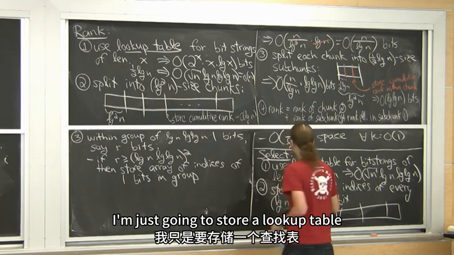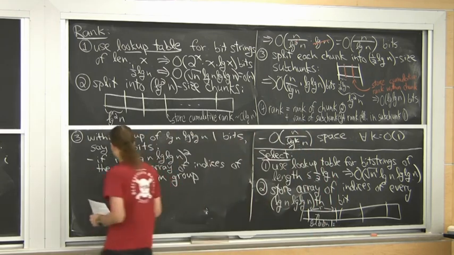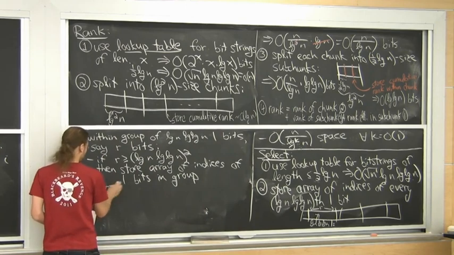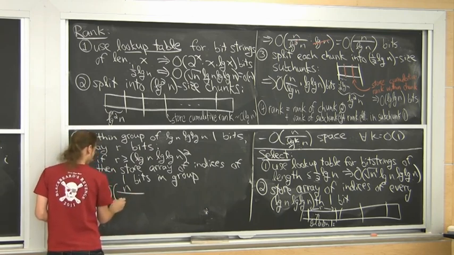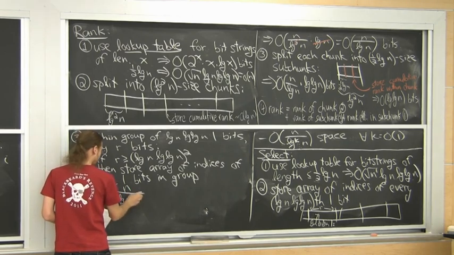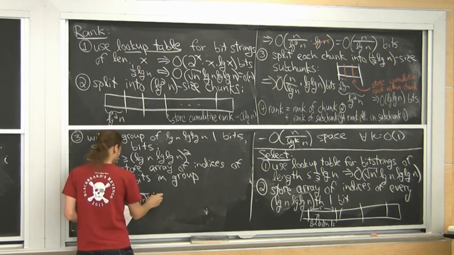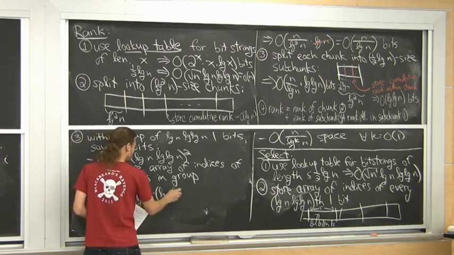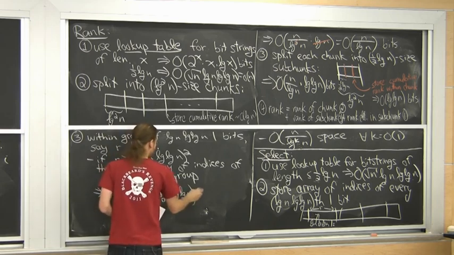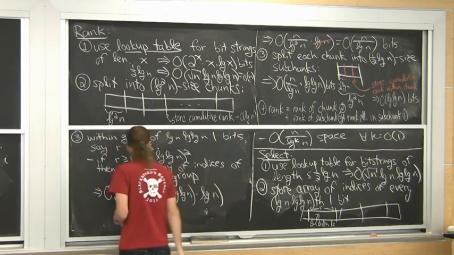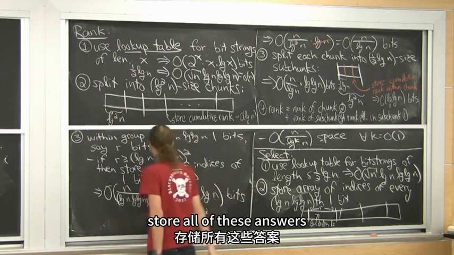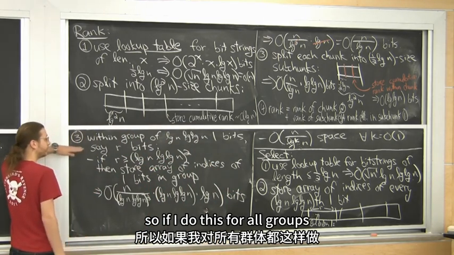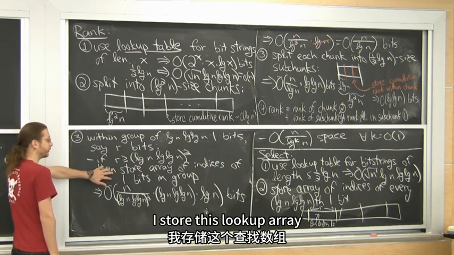I'm just going to store a lookup table of all the answers if it's very sparse, because then I claim I only need this many bits in order to store all of these answers. So if I do this for all groups that have a large number of bits, I store this lookup array.